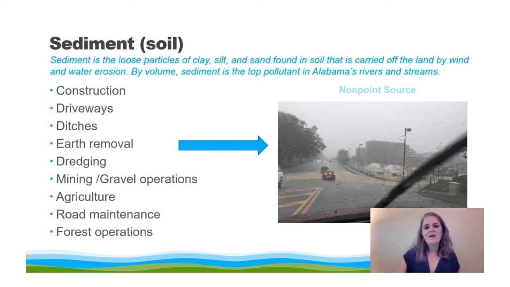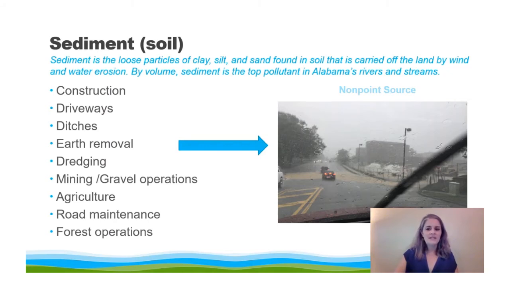Any activity that causes soil erosion and lacks proper management strategies to prevent the loose soil from making its way to our water bodies can cause this type of pollution. Some examples of these types of activities include poor farming practices, construction, development, mining, forest operations, dirt roads, and so forth.